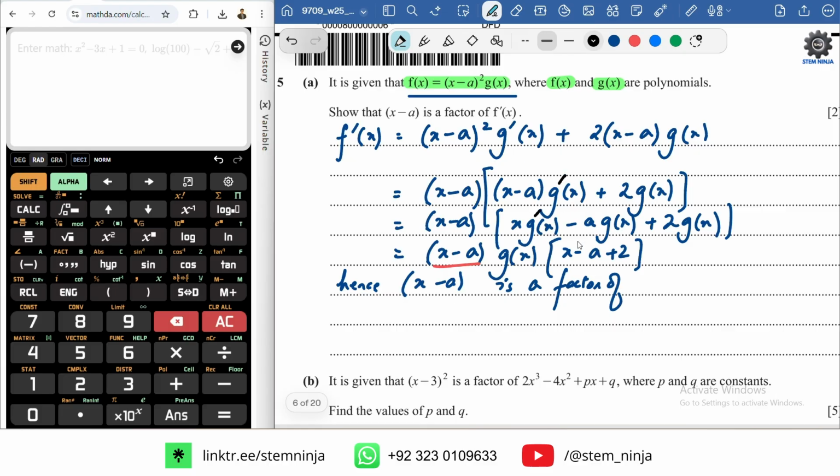Oh sorry, I forgot, this is g prime, so we can't actually do this now. This line can't exist. Yes, x minus a is a factor, but the rest is fine. So this one was g prime, the derivative of g basically.